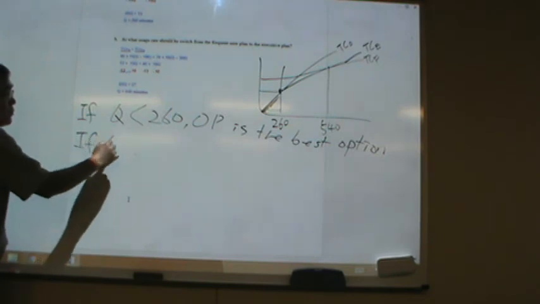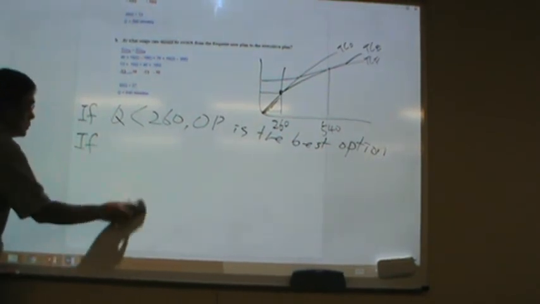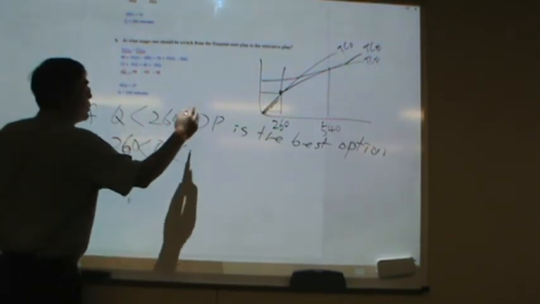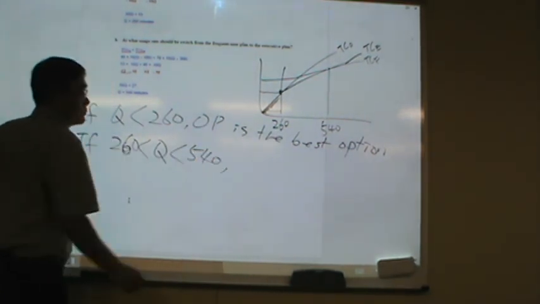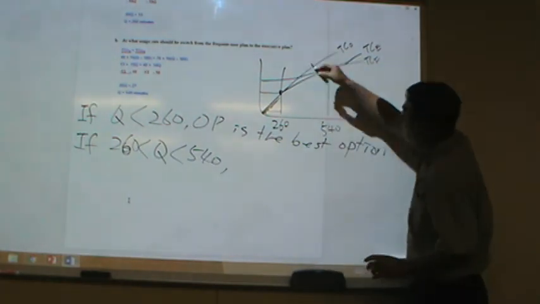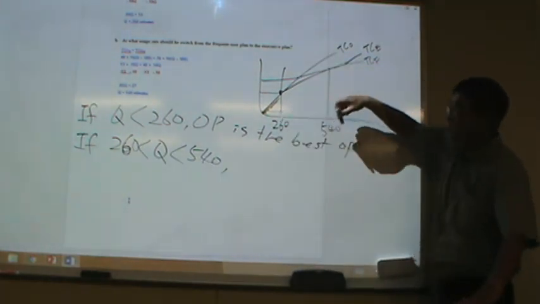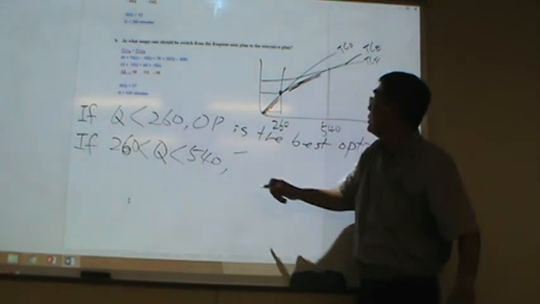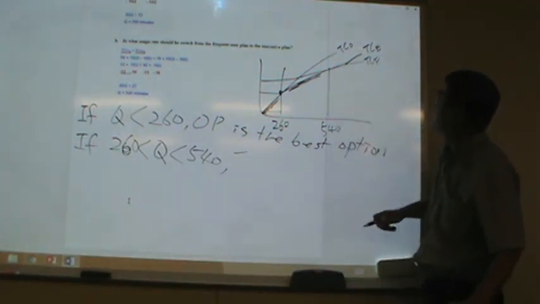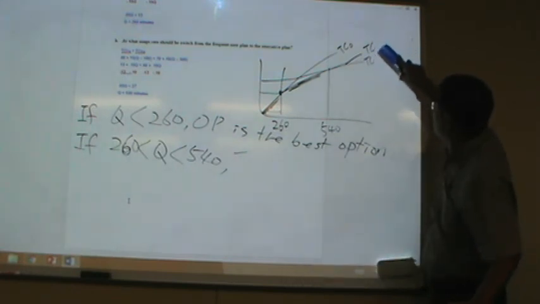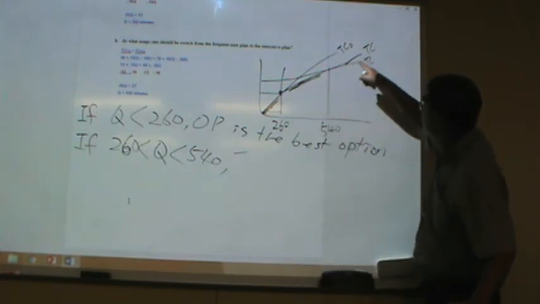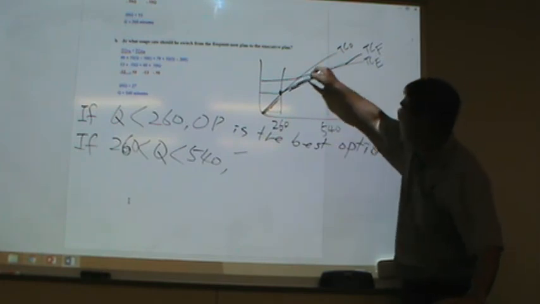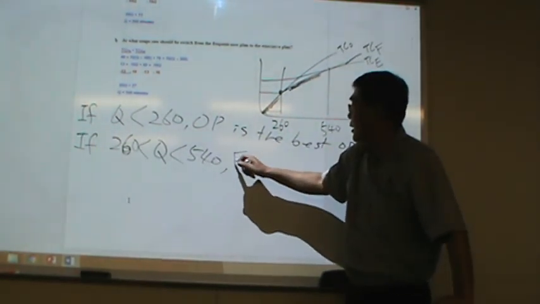And if Q is between 260 and 540, among three, this one is the best one, the lowest, that is TCF. Let's change. TCF and TCE, so TCF is the lowest.